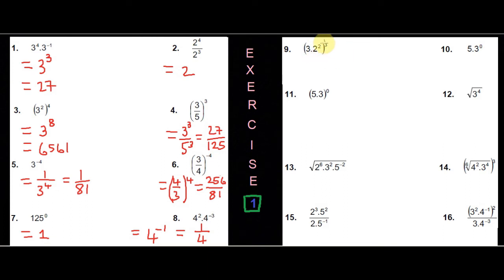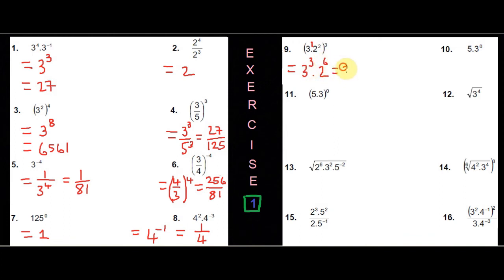Here we can apply the power outside the brackets to each factor inside the brackets. Remember, there's a 1 here that we don't write. So it's going to be 3 to the 1 times 3 times 2 to the 6th.